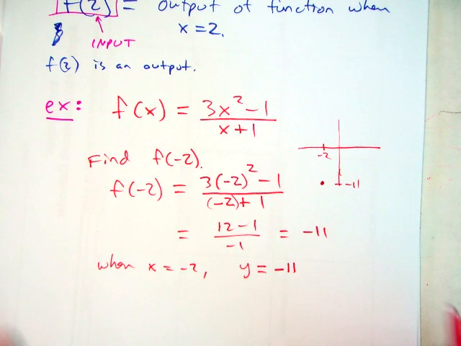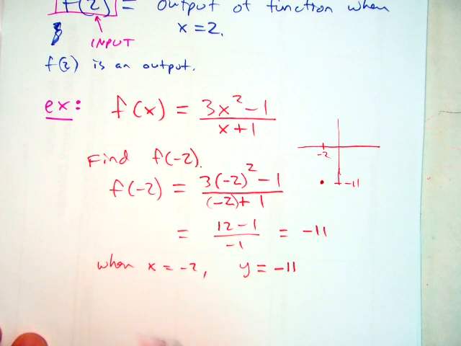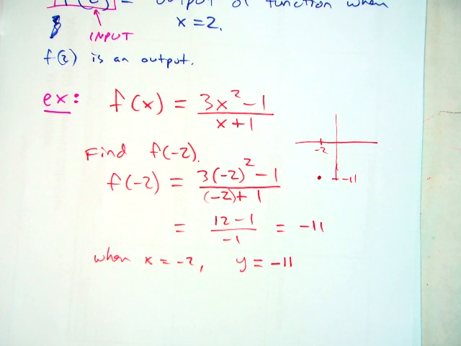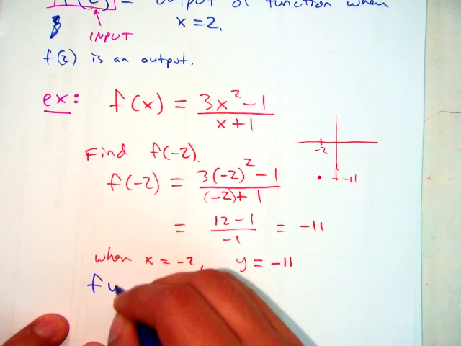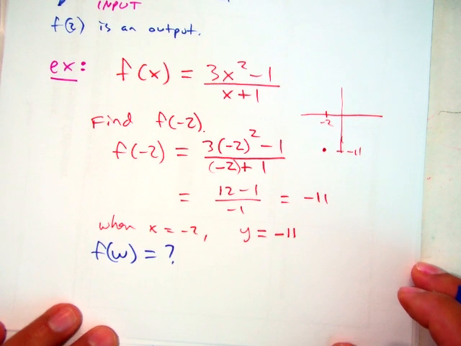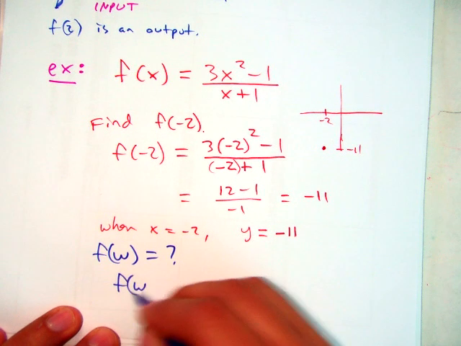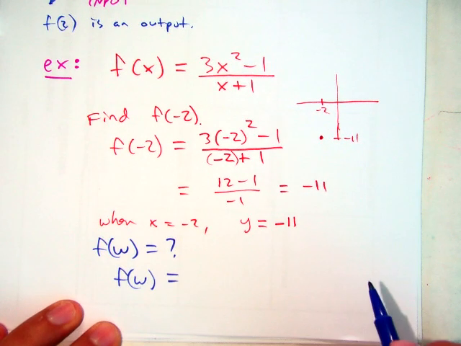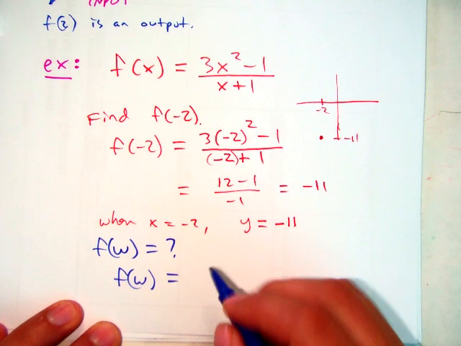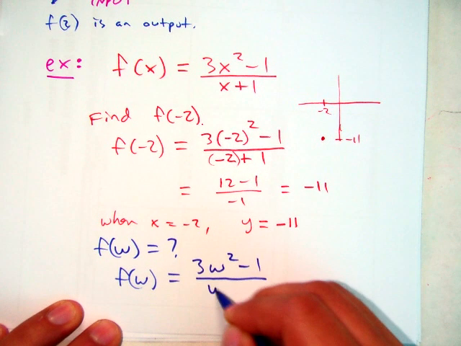Now, in addition to plugging in numbers, you should also be able to handle plugging in variables. So if I asked you to calculate what f(w) equals, what does that mean to do? Plug in w for x. So now f(w) is literally going to be the same thing, but now with w's.